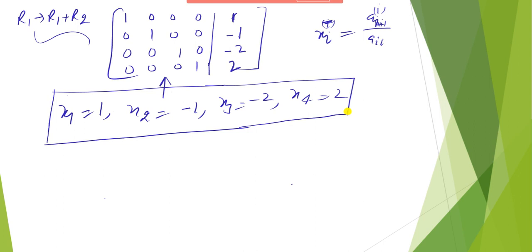Now if any system of linear equations contains more than 4 unknown variables, then the number of steps increases. Suppose a system contains 100 equations and 100 unknown variables, then it is more complicated to find the solution of that system manually.